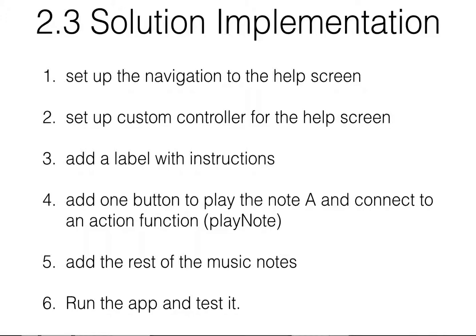So I'm breaking this down into sub iterations, like adding the label first, and then adding the button, and then adding the rest of the music notes for the project. And once we do that, hopefully it all will work fine. So that's the help screen, and we'll move on in the next video and build that and learn more about the AV audio player.